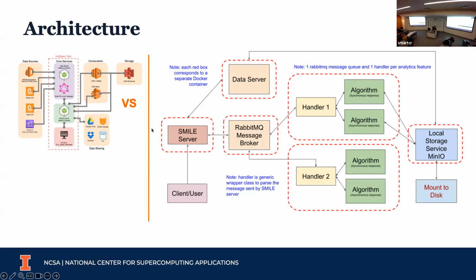But we're moving towards a more standalone and independent design by leveraging container technology like Docker. Each of the red boxes you can see is its own Docker container, and then you can use Docker Compose or Kubernetes to orchestrate your communication.